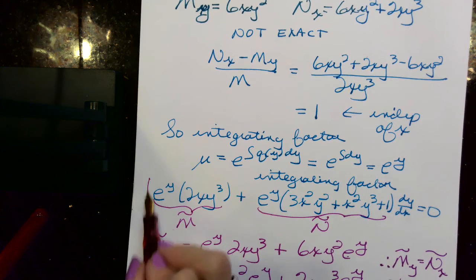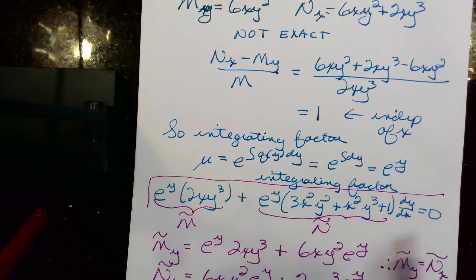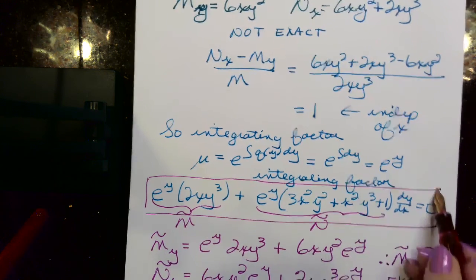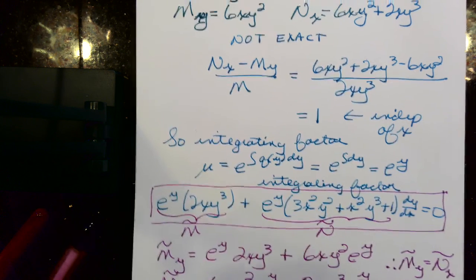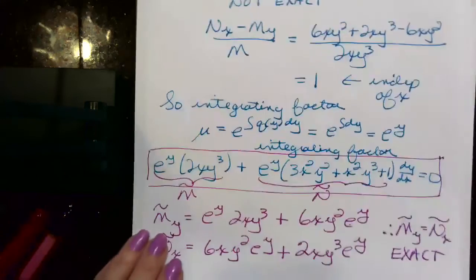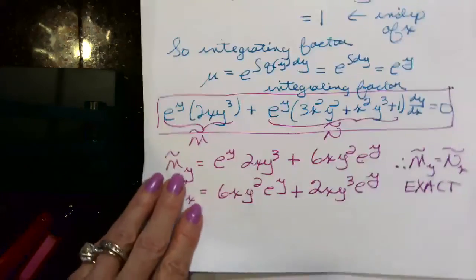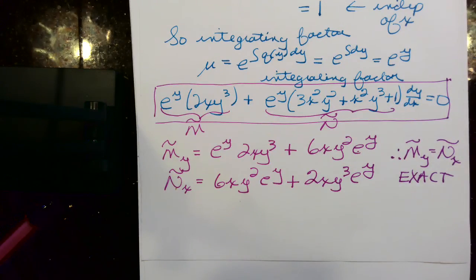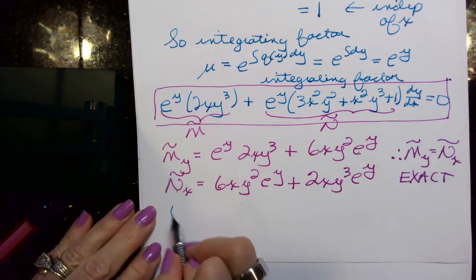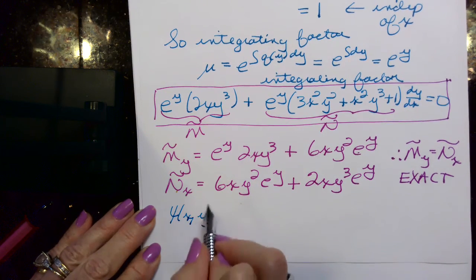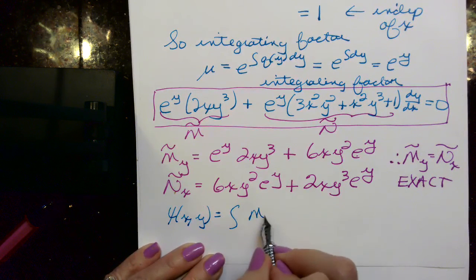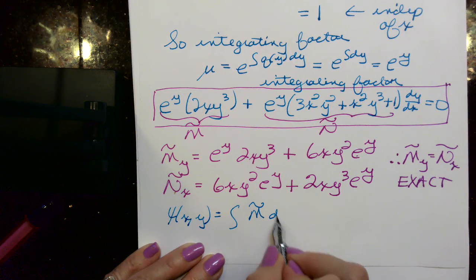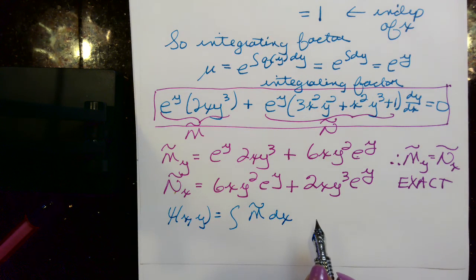So this new equation, where we've already multiplied by the integrating factor, is exact. So now we have to treat it like an exact equation. Remember how we solved the exact equation. We started by saying our first guess at psi is going to be the integral of m tilde dx, because m tilde is the partial derivative of psi with respect to x.